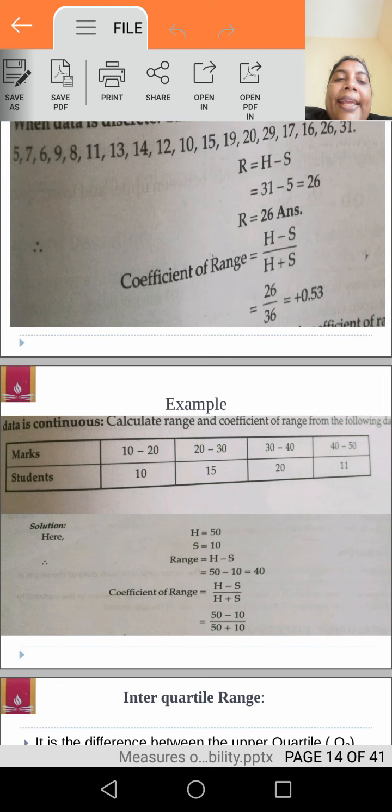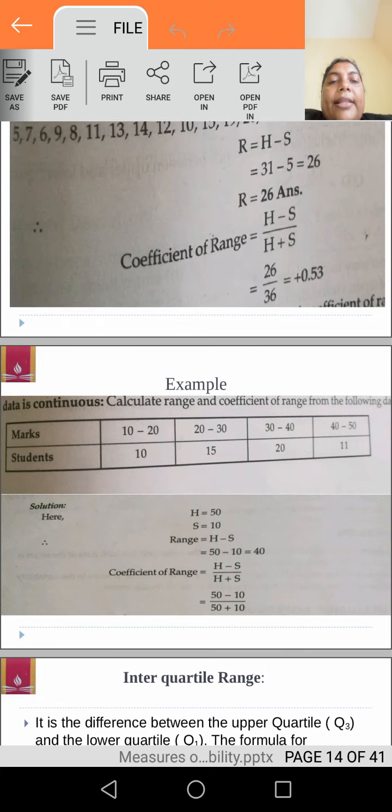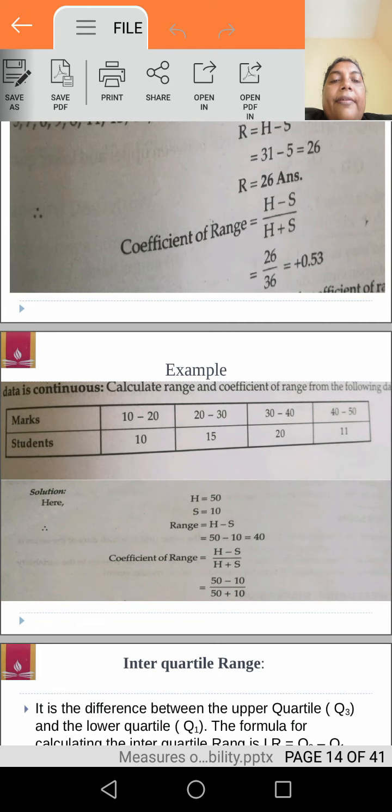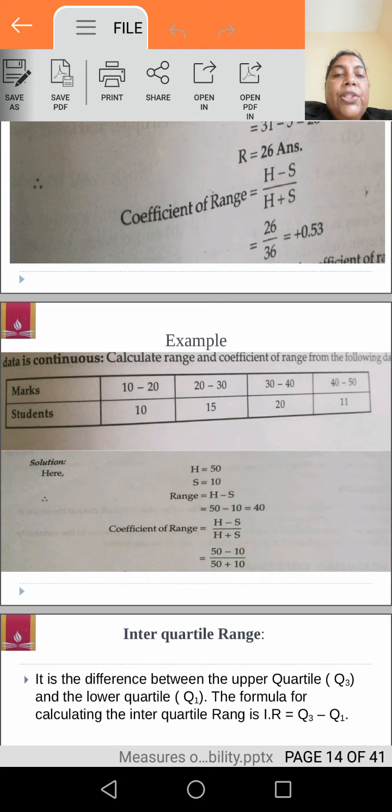Let's see the range in case of a class interval. So here the example is marks ranging from 10 to 50. 10 to 20 is 10 students, 20 to 30, 15 students, 30 to 40, 20 students, 40 to 50.